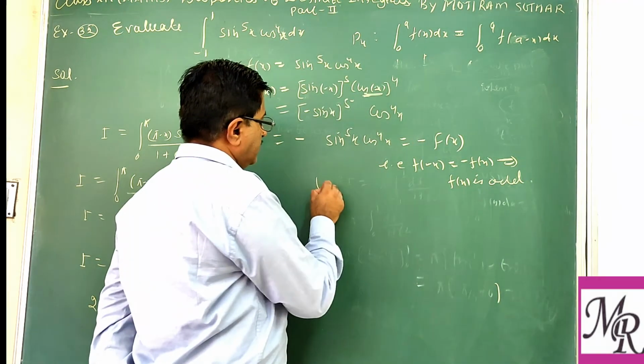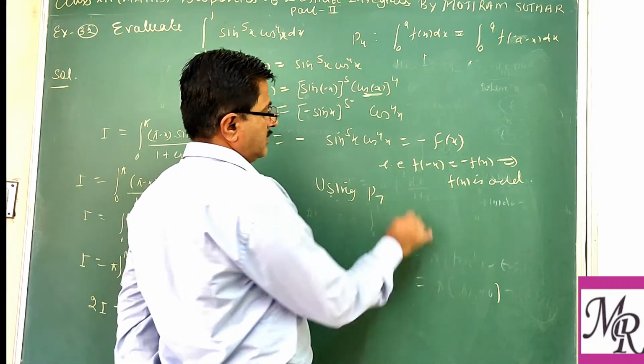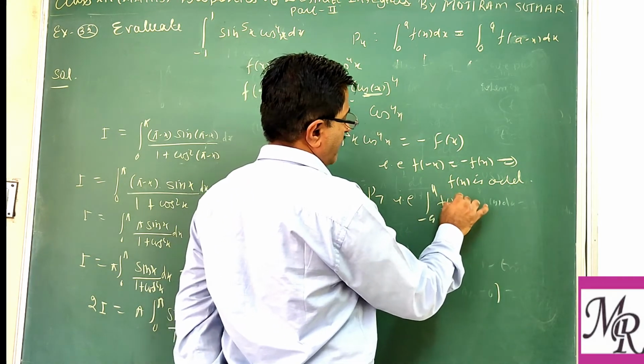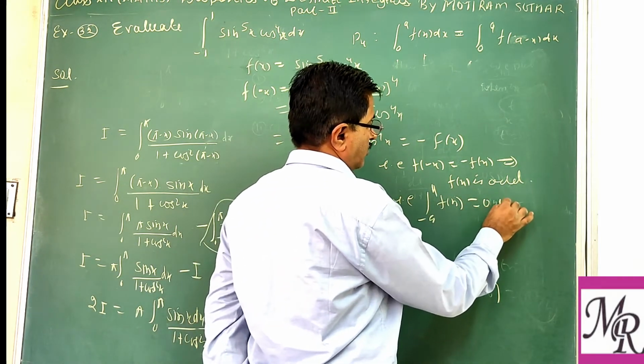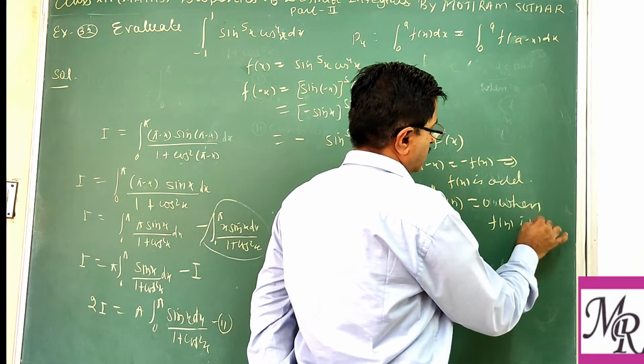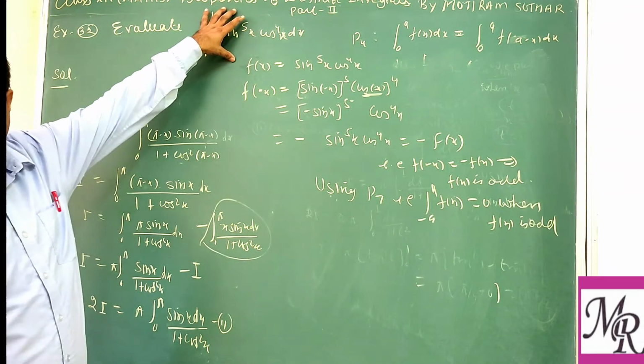So using P7, the integral from -a to a of f(x) dx is equal to 0 when f(x) is odd. It means the direct value of this integral is 0.